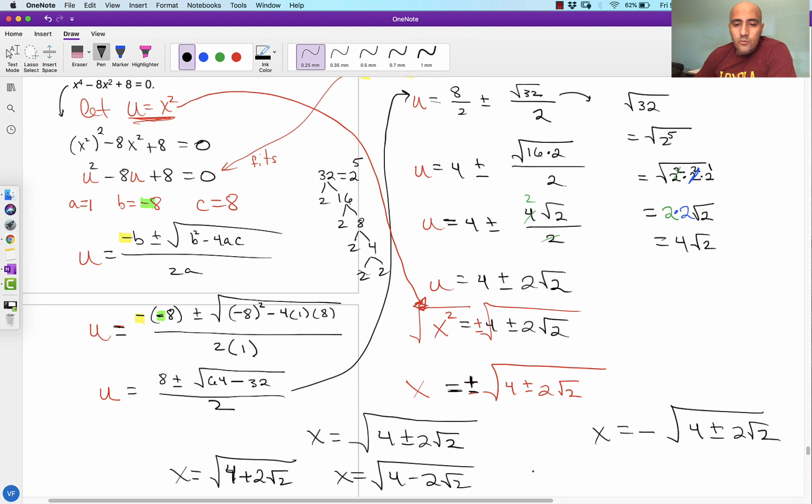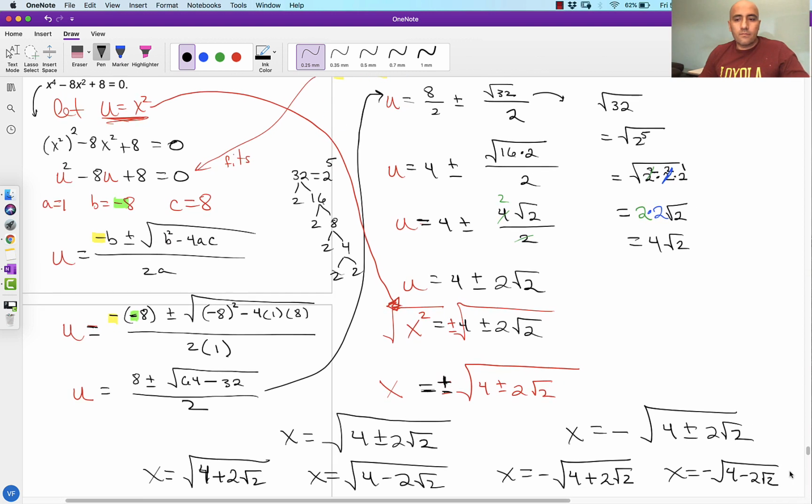Or this one leads to 2 possible answers: x equals negative root 4 plus 2 root 2, or x equals negative root 4 minus 2 root 2. Okay, so we end up with 4 possible answers. We have this one, this one, this one, and that one.